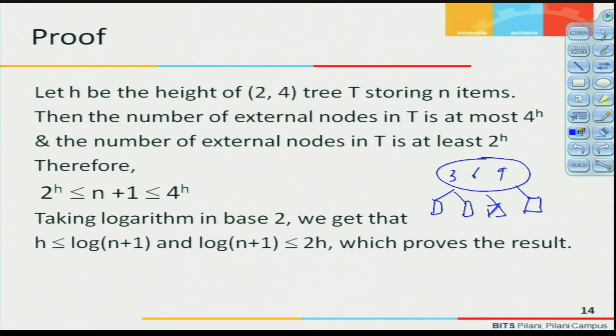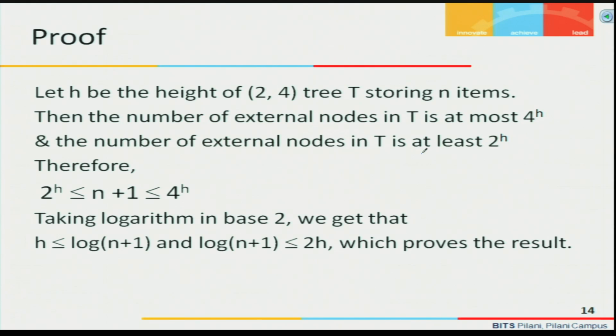Now if your height is 2, the maximum number you can have is 4 to the power 2, that is 16, and that will happen if all your nodes are 4 nodes. So if I take height 2, this is going to be a 4 node, so this will store 3 keys.